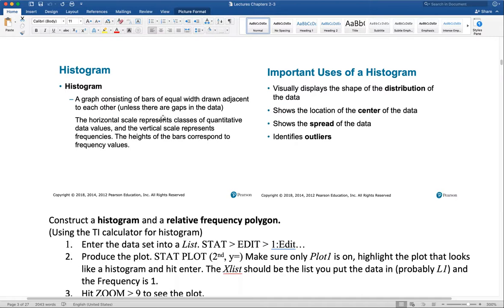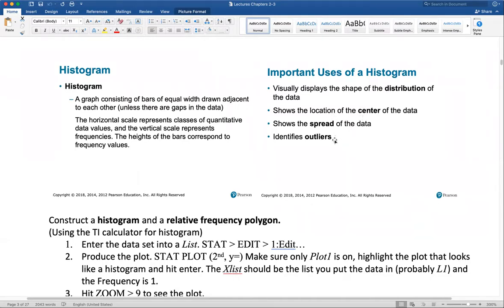The horizontal scale represents the classes of quantitative data values, and the vertical scale represents the frequencies, so the height of the bar corresponds to the frequency value. Through the histogram, we can figure out the distribution of data, the center of the data, the spread of the data, and the outliers too.